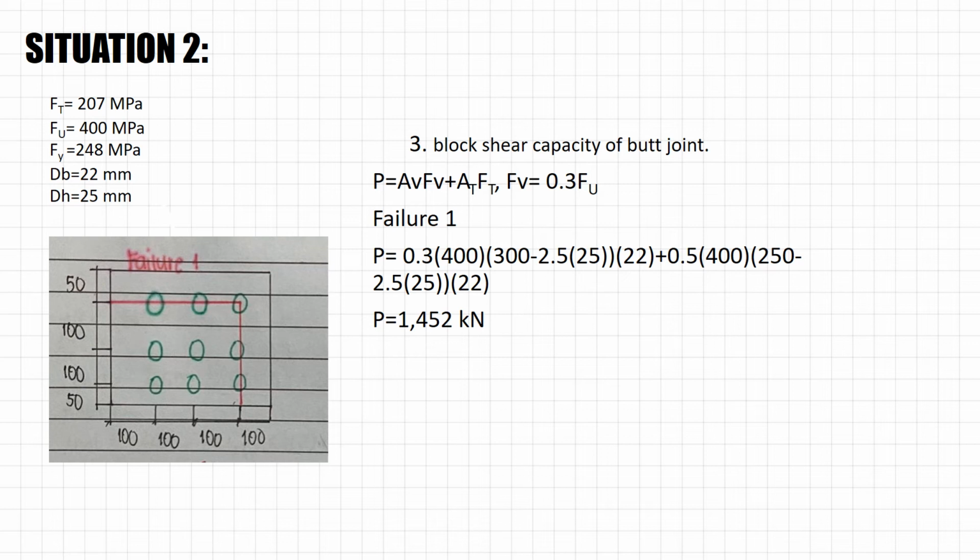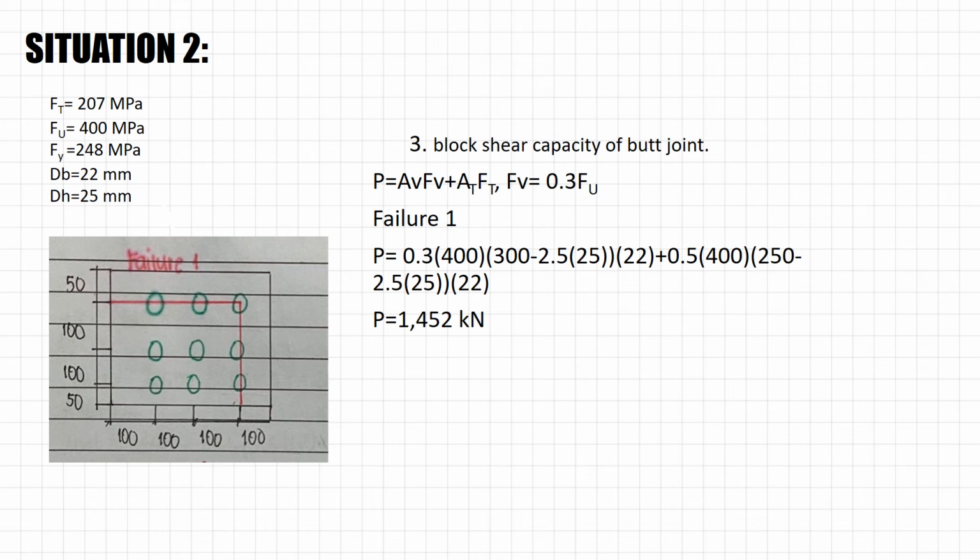FT equals 0.5 FU. Failure 1, P is equals 0.3 multiply by 400, which is yung FU natin, multiply by 300, yun yung length na horizontal na dinaanan ng shear natin.